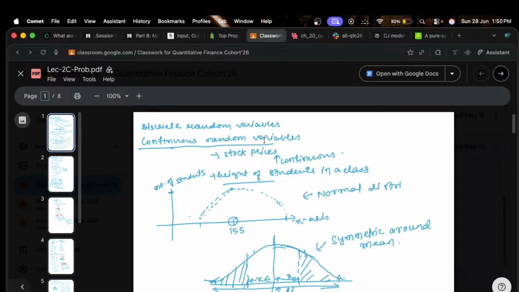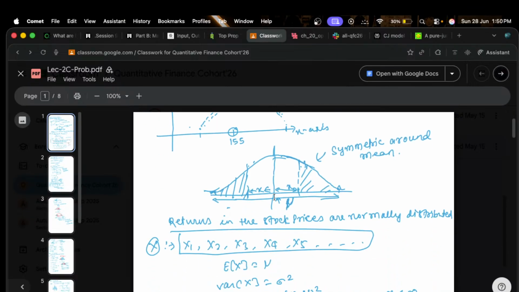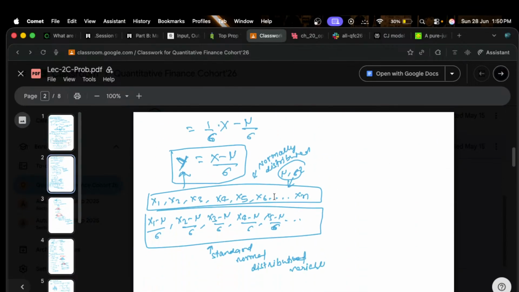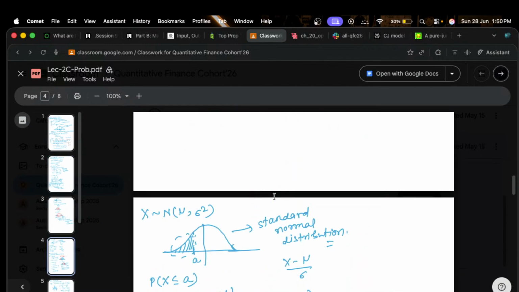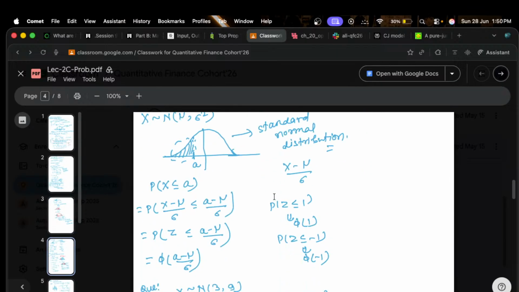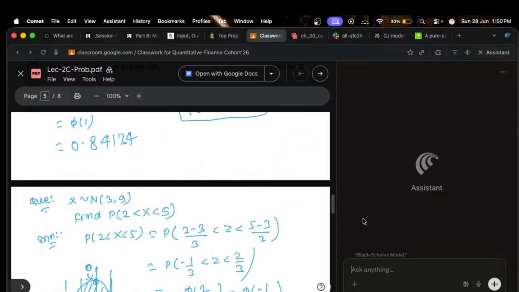Okay, so let me just see what it is. Normal distribution is in 2C. Bro, can't I just download it? Okay, it got opened at the end. So continue. Normal variables. I just want a basic definition of normal distribution so that I can get the idea of it. Can I just ask this guy what is normal distribution?